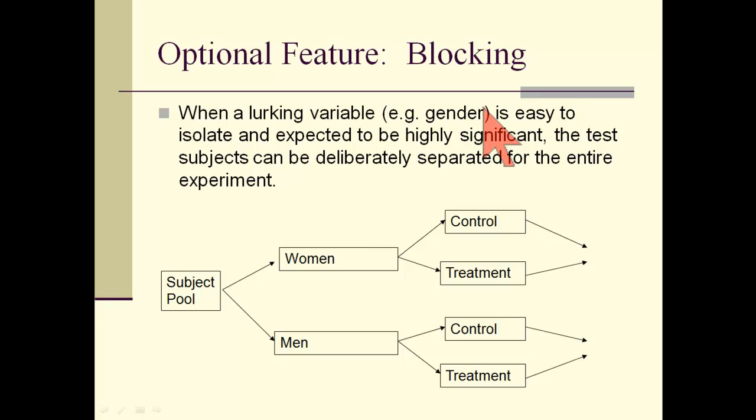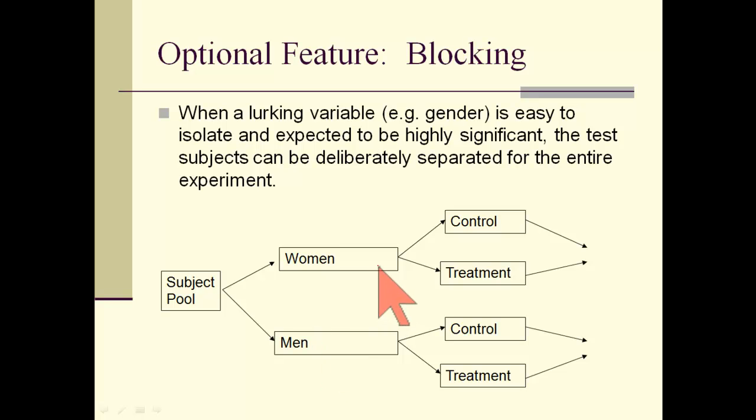One of them, gender in particular, is easy to isolate. We just obviously know who's male and who's female, and furthermore, we expect the gender variable to be highly important in terms of its effect on the results. So what's often done in a study like this is we'll take our subject pool, and before we even begin, we'll split them apart into the men and the women.